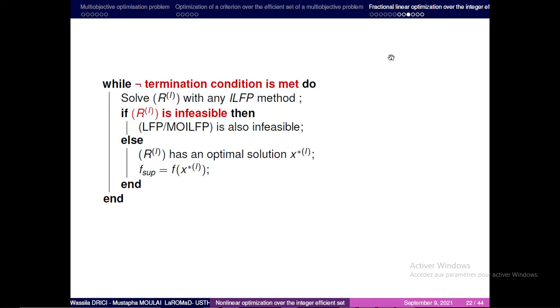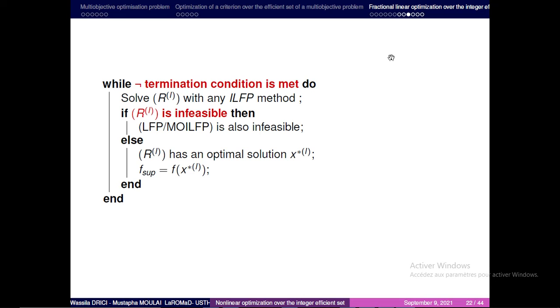While termination condition is not met, do solve RL problem with any linear integer fractional programming method. If RL is unfeasible, then the main problem LFP over MOI LFP is also unfeasible.